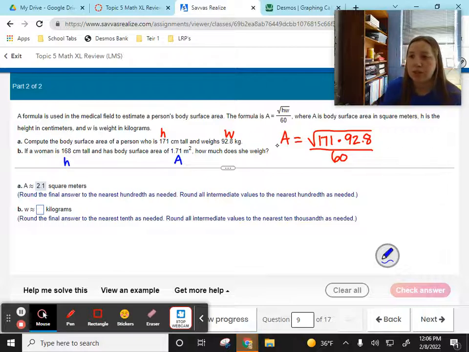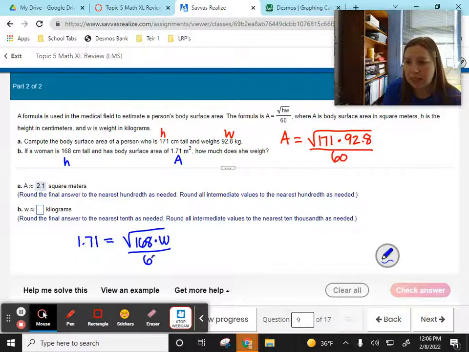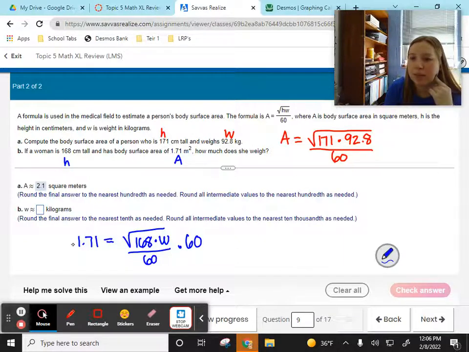So now we're going to use our formula and we're going to say 1.71 equals the square root of 168 times W, divided by 60. So we're going to have to do a little bit more algebra. We can't just plug and chug. We got to get W by itself. The first thing is that it's being divided by 60. So I'm going to multiply both sides by 60. That's going to cancel this out here.